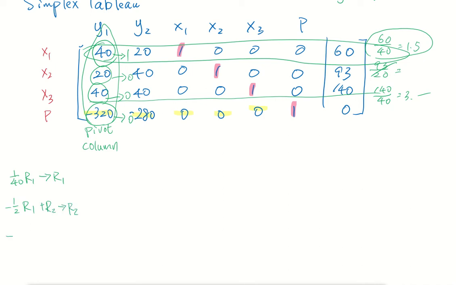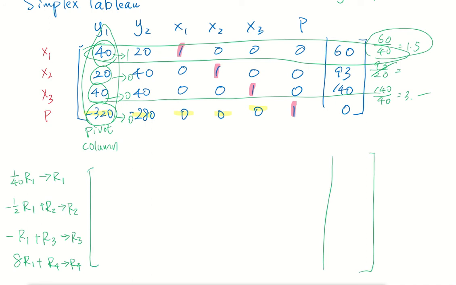For R3, I'm just going to multiply R1 by negative 1 and add it to R3, make it the new R3. For R4, I'm going to multiply R1 by 8, add it to R4, and make it the new R4. So every row will be changed.